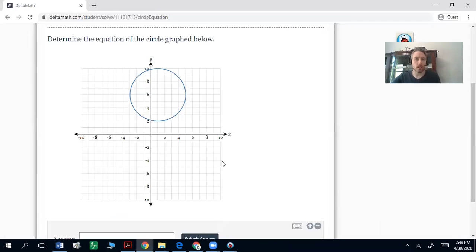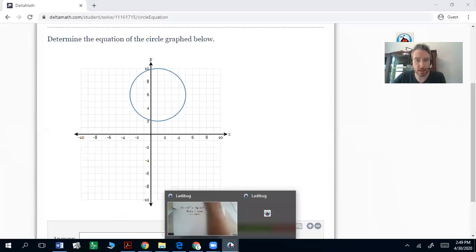So in this circle, it looks like the center of that circle is right there. And if I'm looking at that coordinate, that is right 1 and up 6. So that coordinate is 1, 6. And if I count from the center to the edge, it's 1, 2, 3, 4 units. So the radius is 4.